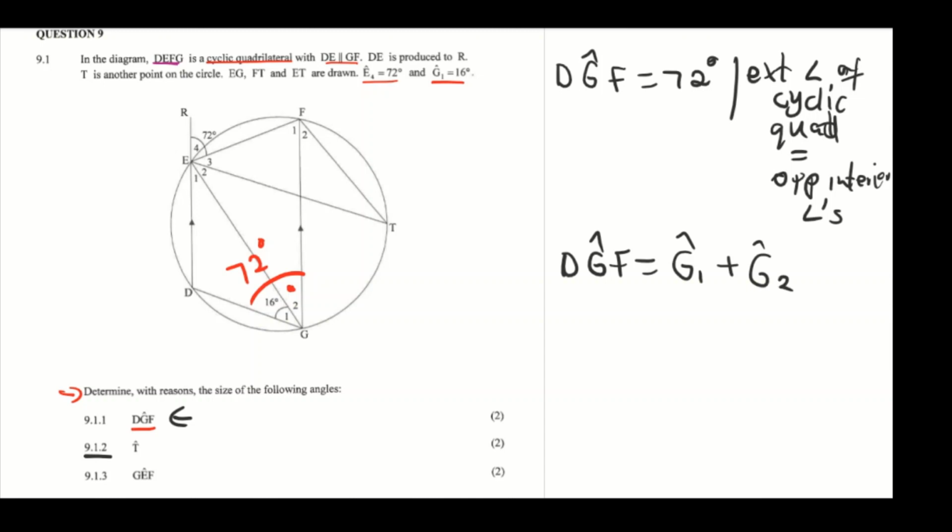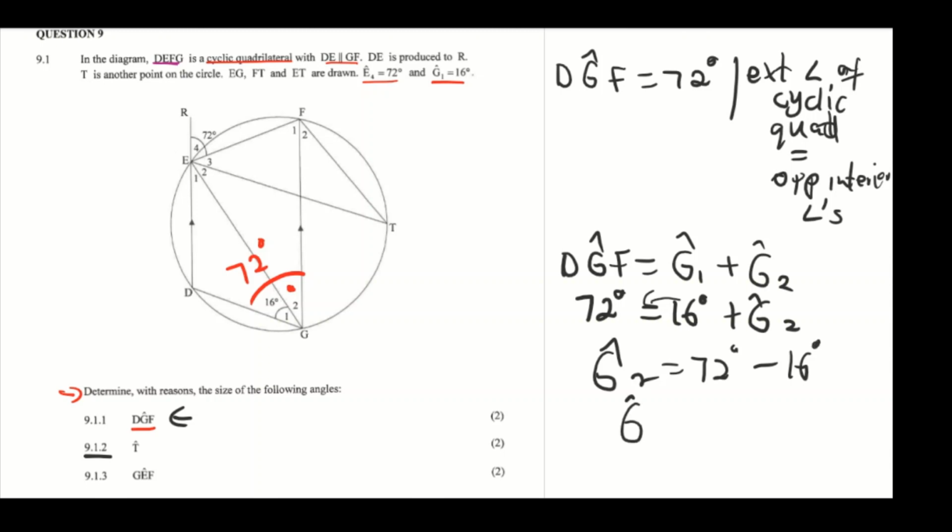And you already know the entire angle, which is 72 degrees, equals G1, which is 16 degrees, plus G2. So now to find G2, we're just going to transpose this to the other side. You have G2 being equal to 72 degrees minus 16 degrees. So G2 is equal to, just use a calculator, I used mine, 56 degrees. So that is G2.